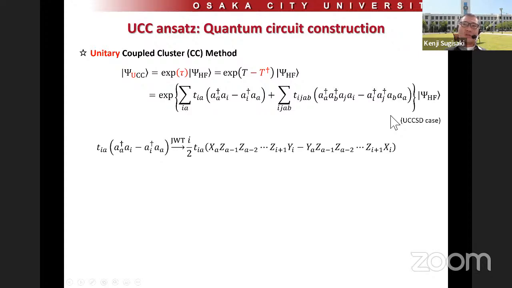So in order to perform this computation, first we have to apply a Fermi cubic transformation to obtain the corresponding Pauli operators. In the case of Jordan-Wigner transformation, these one-electron excitation operators are transformed to two Pauli strings: XZZY and YZZX.